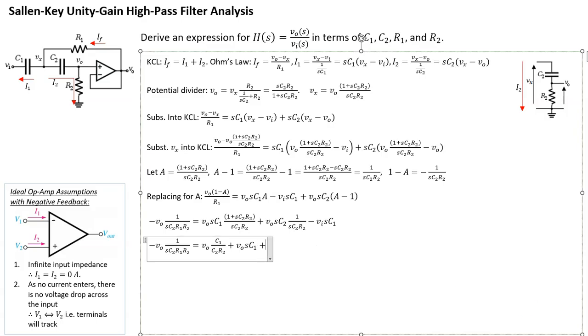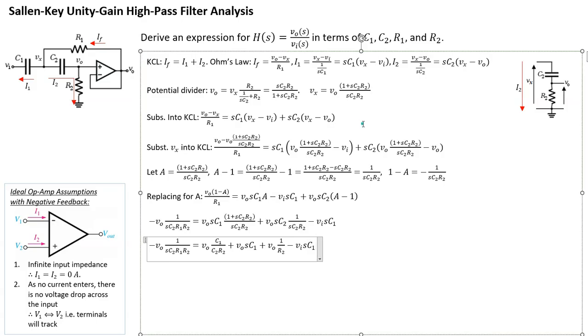In this case the S and C2 cancel out, so we still have the VO, but what's left is just 1 over R2, right? 1 divided by R2. So I get rid of this bracket. And then, of course, the final term, which is just VI S C1.